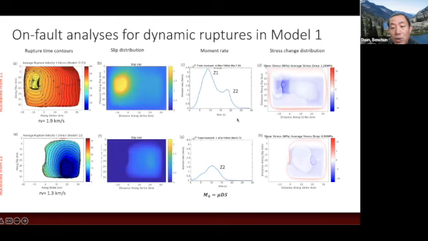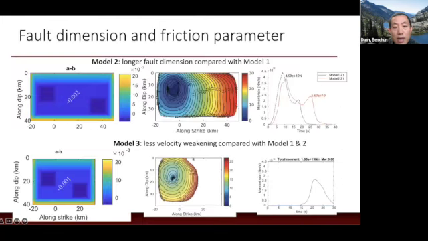And we vary the model parameters. If you separate the two asperities further apart, it doesn't really affect the propagation much. The rupture can still propagate through the conditionally stable zone, break the other asperity, and in the moment rate we have two peaks.